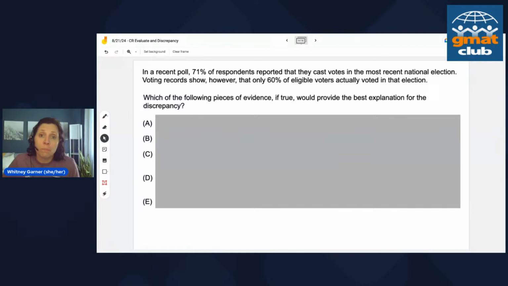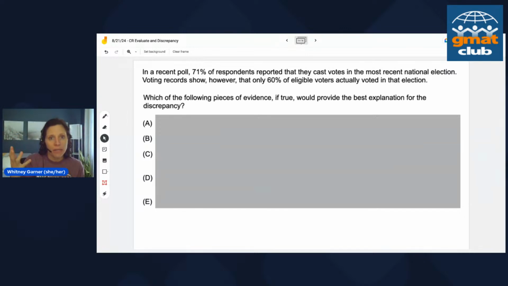It could also be that you're not polling a representative population. This says 71% of respondents to this poll versus 60% of eligible voters, right? So maybe the people who respond to these things are not representative of the pool of actual eligible voters.